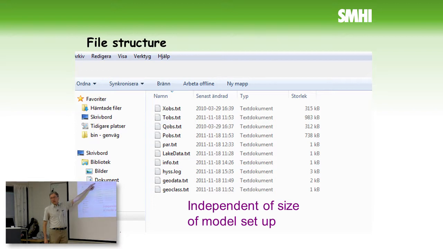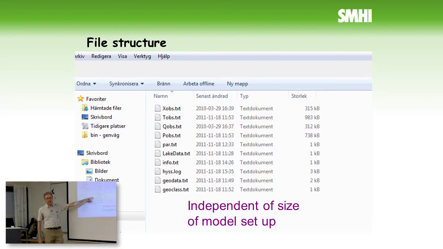Other variables, that's basically every other variable than discharge. Observations of any other type of variable than discharge are in the xobs file, where x stands for, let's say, unknown or general variable. This can be, for instance, water levels, snow depth, nutrients, etc.